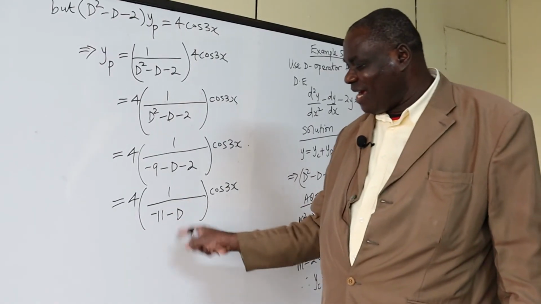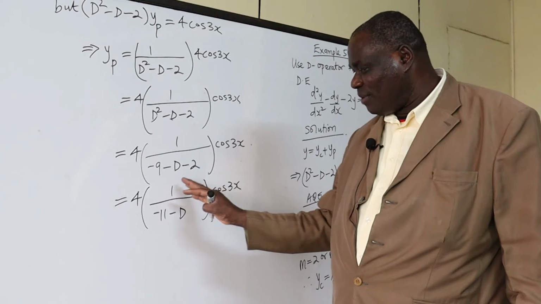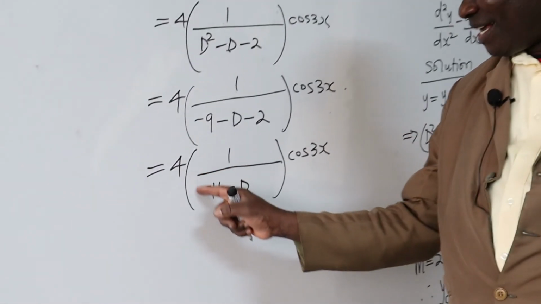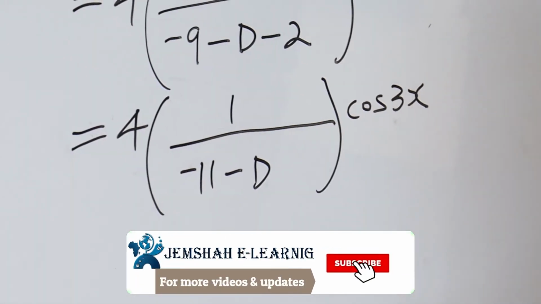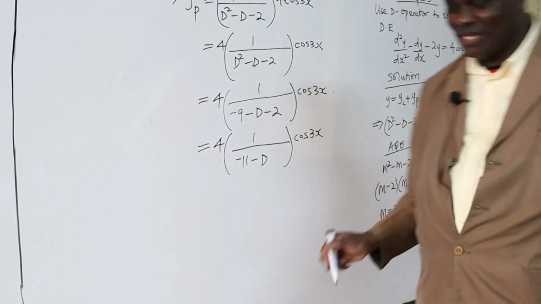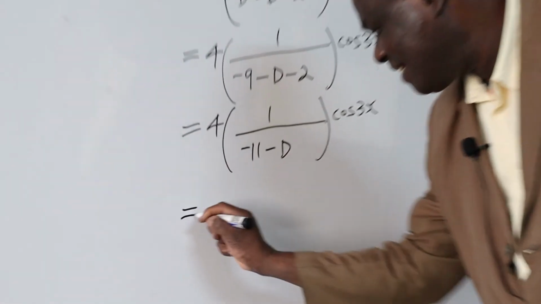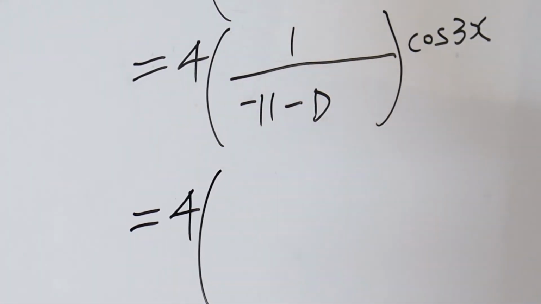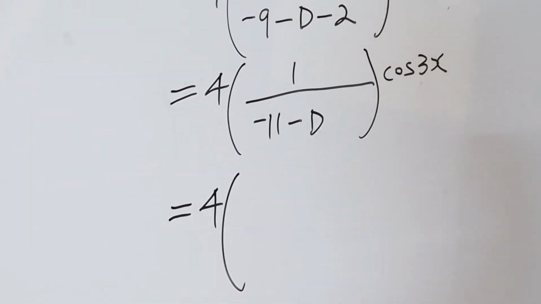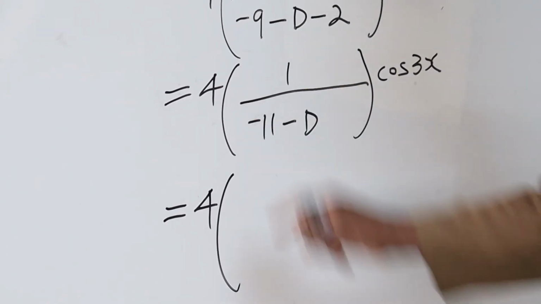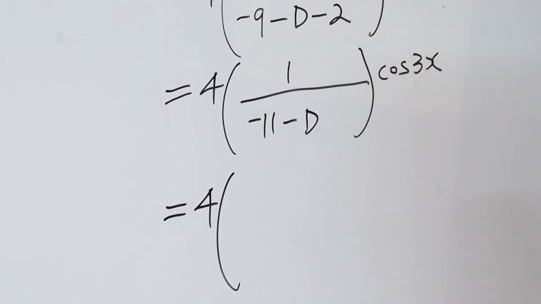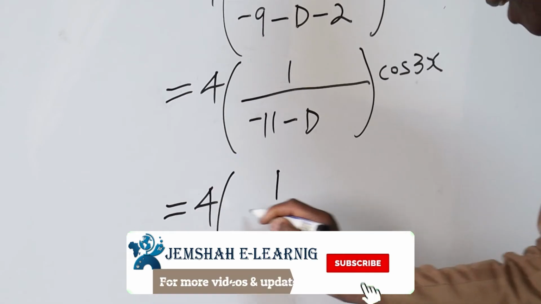So the only way we can solve this is to remove the D in the denominator and create a D squared through rationalization of this fraction. Where there is a minus D, we multiply with something that looks like a conjugate, replacing the minus D with plus D.